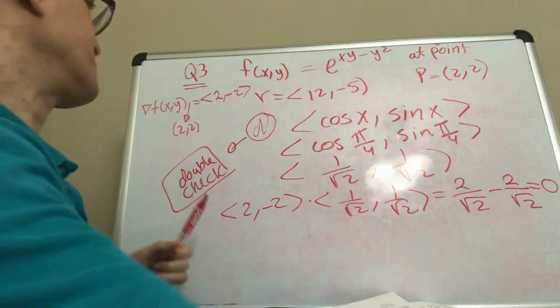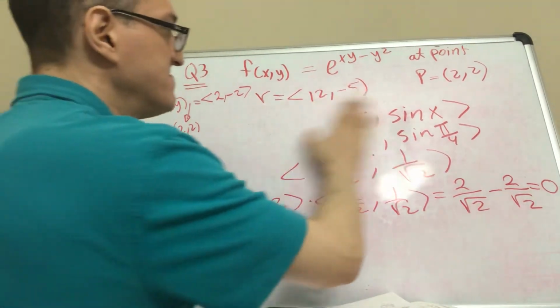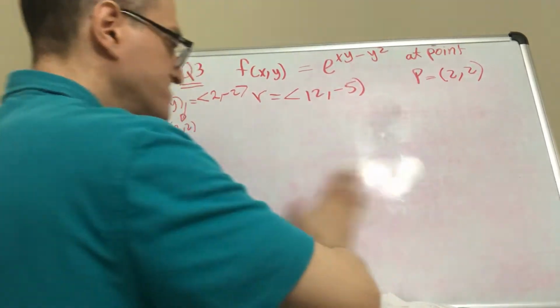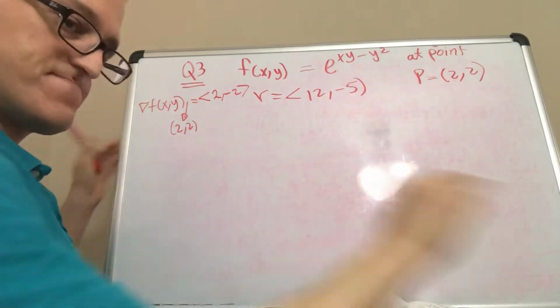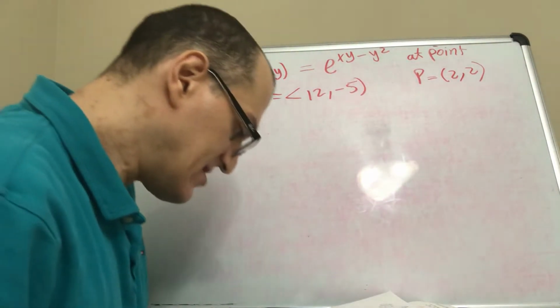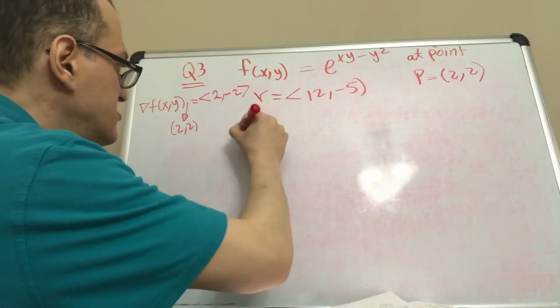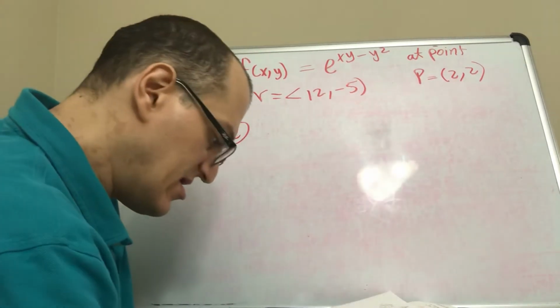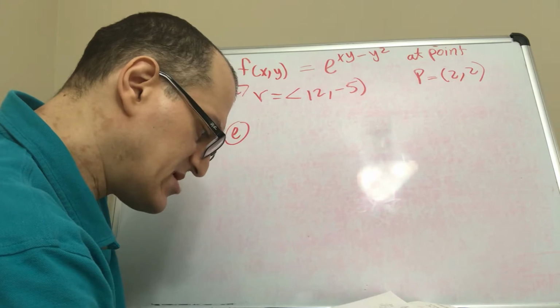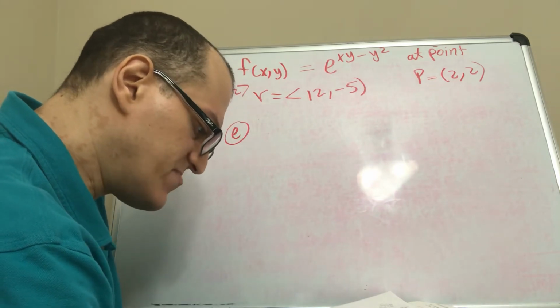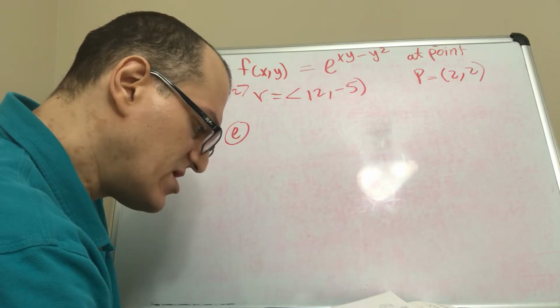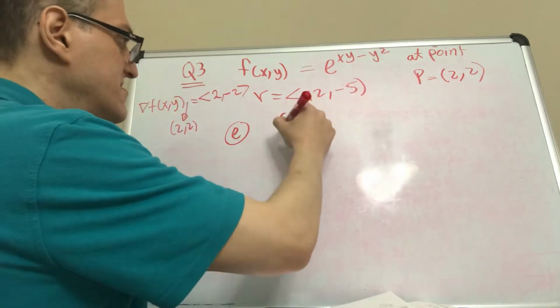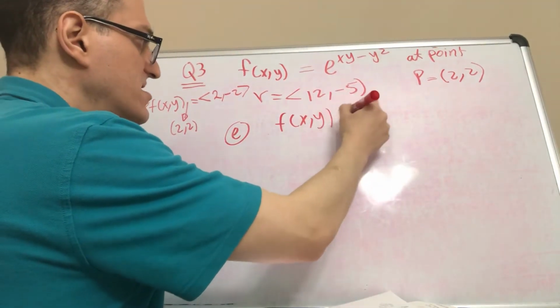Question E. And again, this is strange. In the direction along the tangent vector to the level curve when f of x, y equals 1.